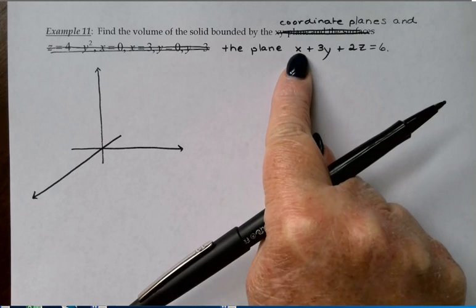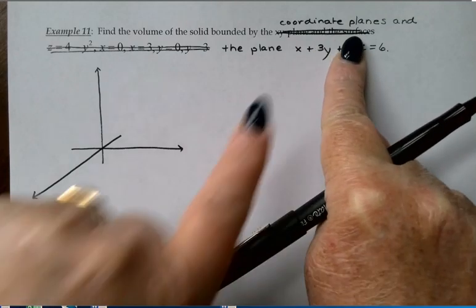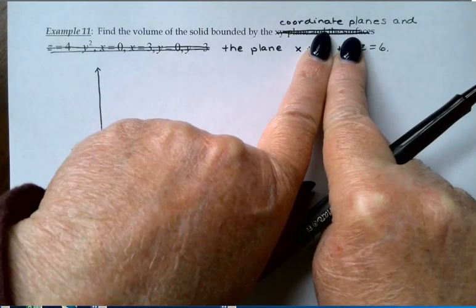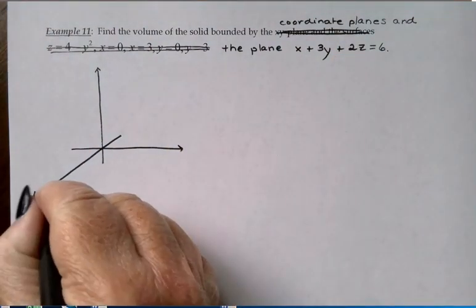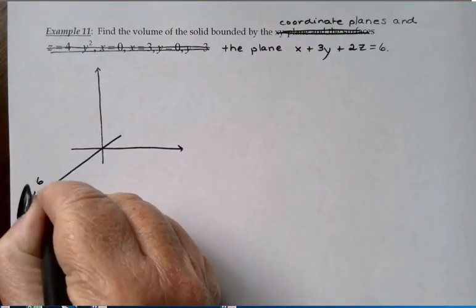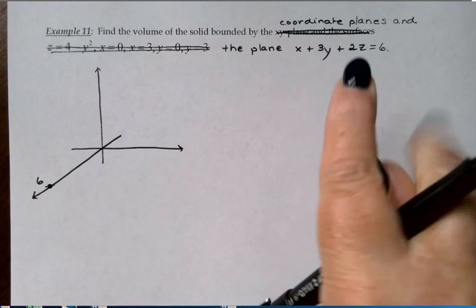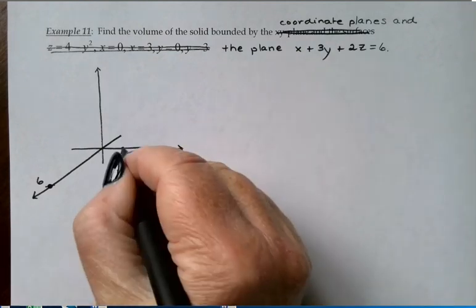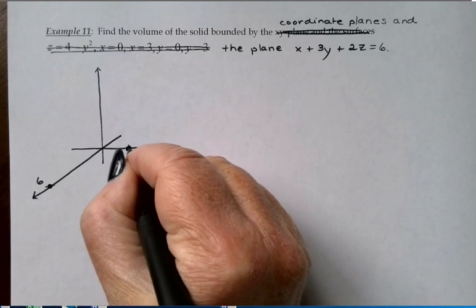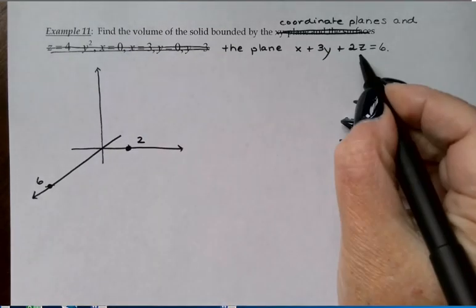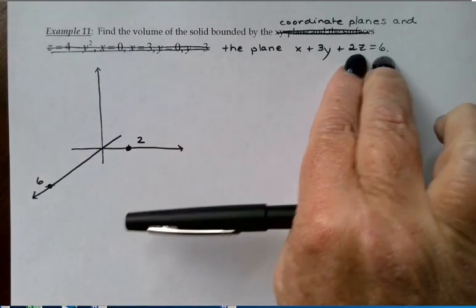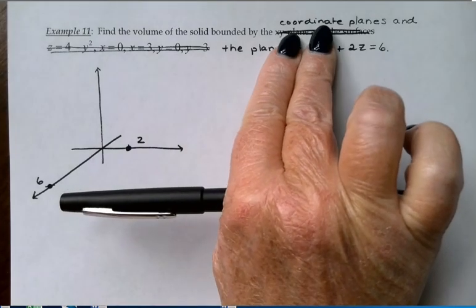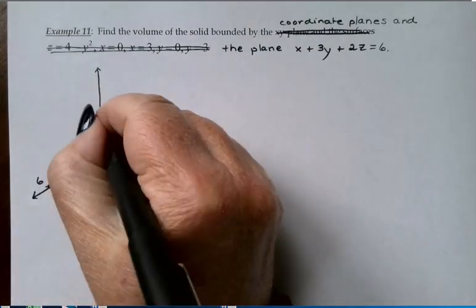The x-intercept, if both y and z are 0, would just be x equals 6. The y-intercept, 3y equals 6, so y would be 2. And then the z-intercept, 2z equals 6. Again, if these guys are 0, I would just have z equals 3.